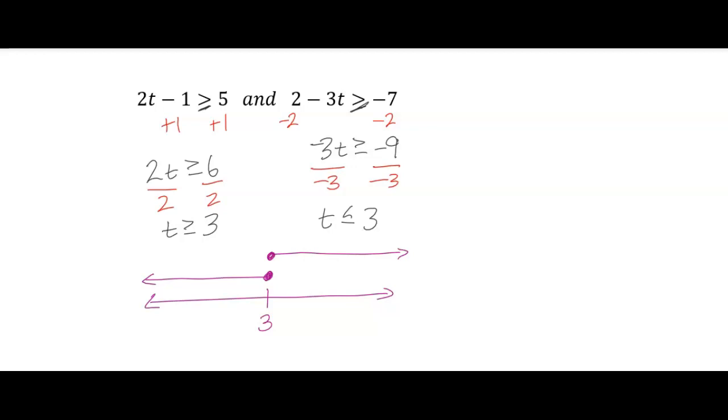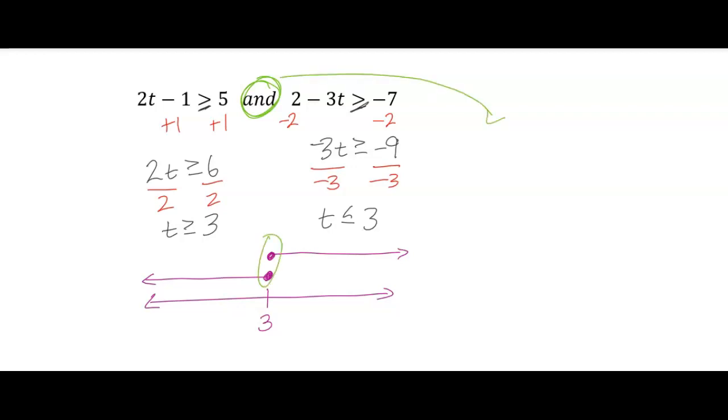But what's really weird is the overlap. Because remember, the word "and" only takes the overlap. So what's the overlap here? Well, just 3. Not from 3 to something else, not from something else to 3. There's not a whole region of overlapping stuff. There's just one individual number all by itself.